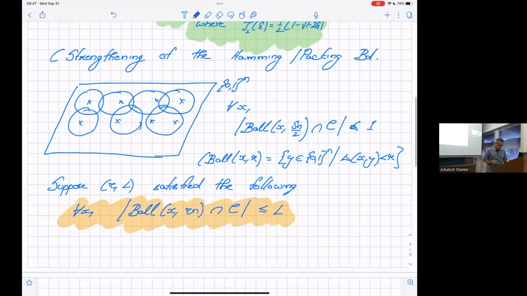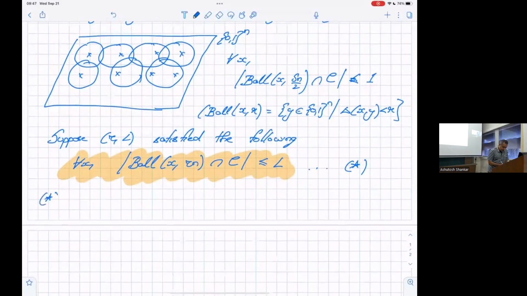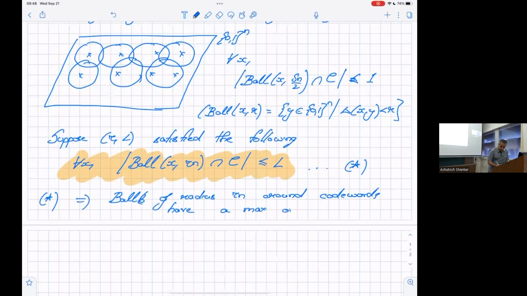So I want to say the star implies that if you draw the balls of radius tau n around code words, they have a max overlap of L at any point.